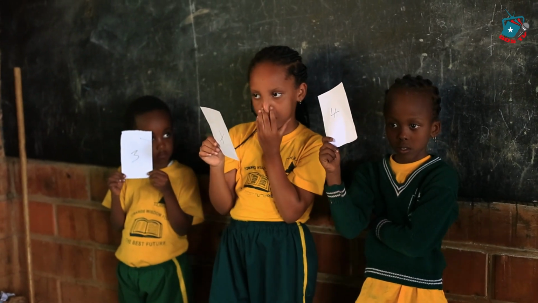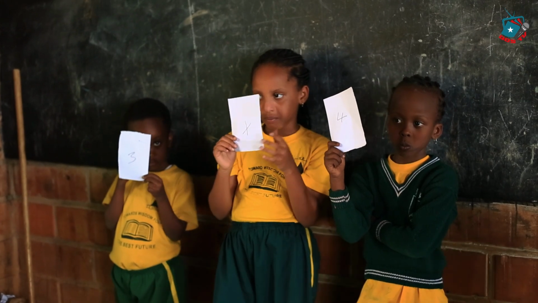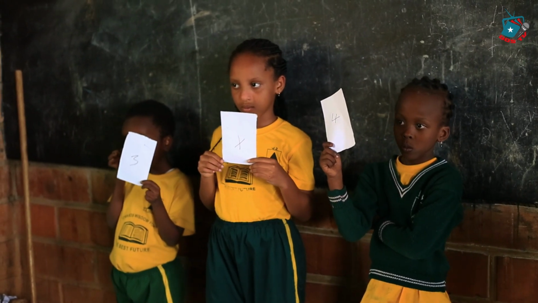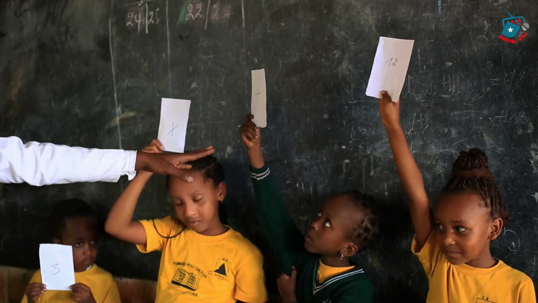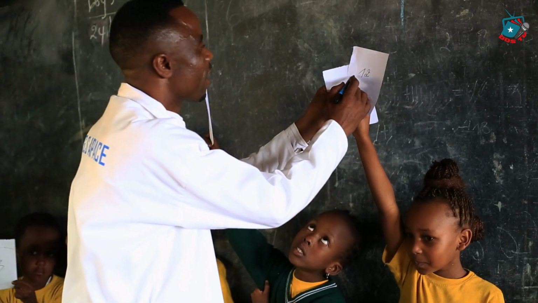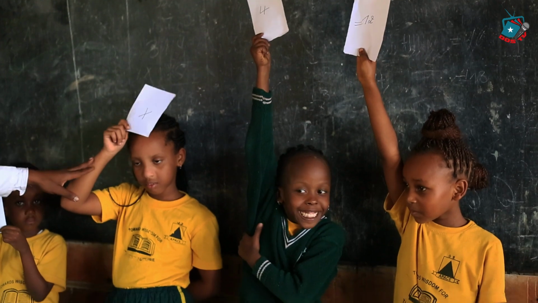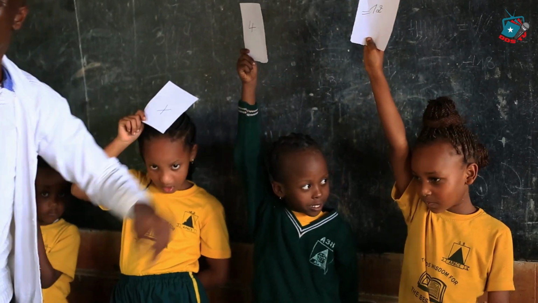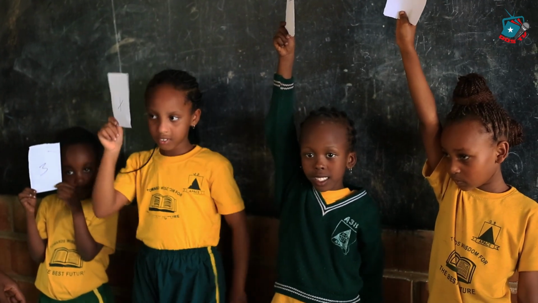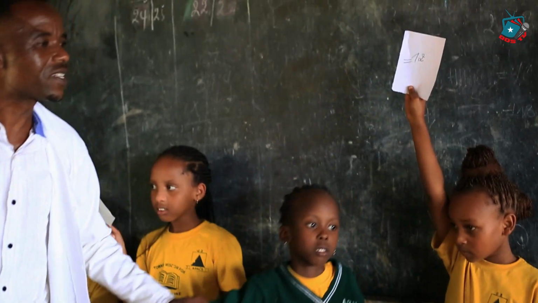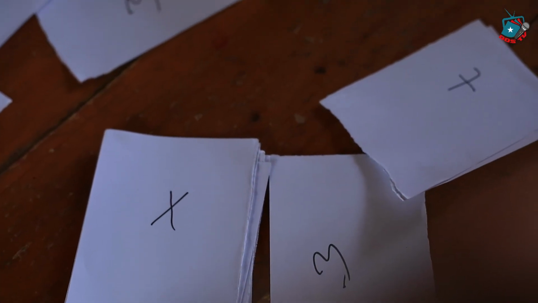3 times 4 equals how many? Who has the answer there? Come. 3 times 4 equals 12. Yes? Who has number 5? 3 times 5 equals how many?